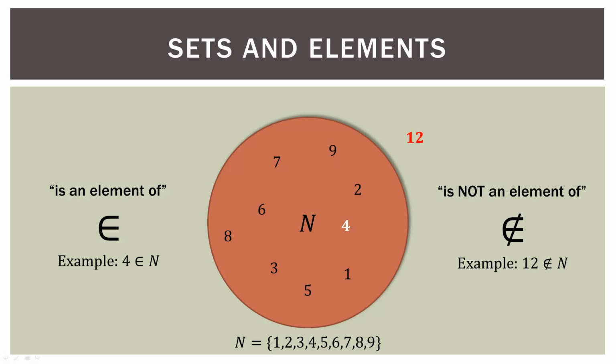Therefore, we say 12 is not an element of N. So it's the element symbol with a sort of slash through it. So those are just some very simple reviews of what sets are, what we call the things in them, which are elements, and how we denote things that are not part of a set.